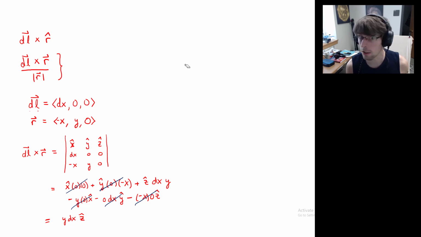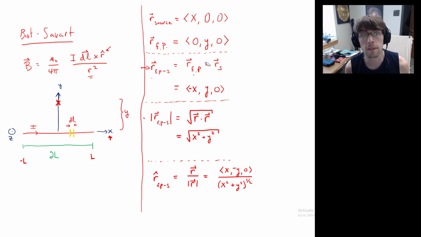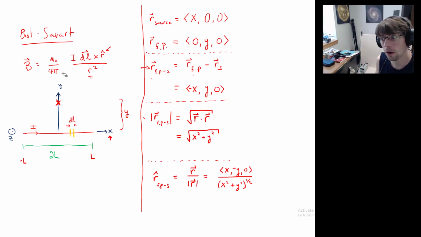Now that shouldn't be a surprise, right? If we go back and look, we could also have applied our right-hand rule to find that answer. Current's flowing to the right, the positive x direction. My field point is in the positive y direction, so I have to turn my palm upwards. And it's directly over the wire, which means that my magnetic field's out of the board.